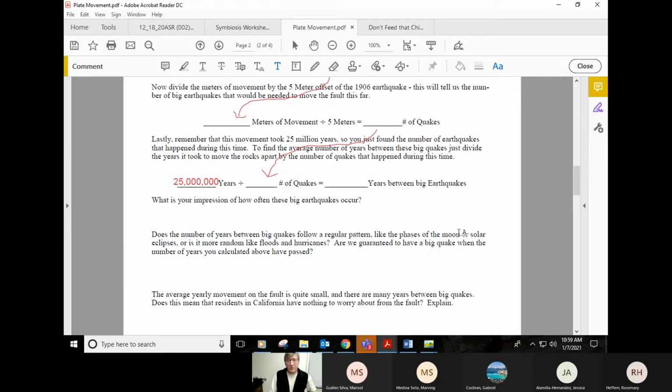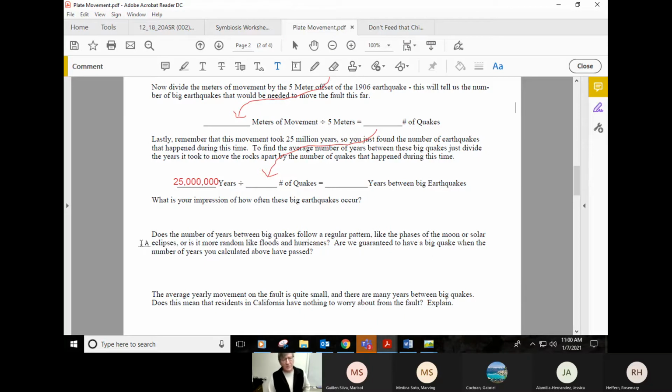So the next thing I want you to think about is we've calculated how many years between big earthquakes happen. And what I want you to think about is, does that number of years follow a regular pattern, or is it more random? Is it like the phases of the moon or a solar eclipse when we know in advance when it's going to be there?